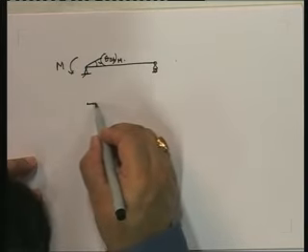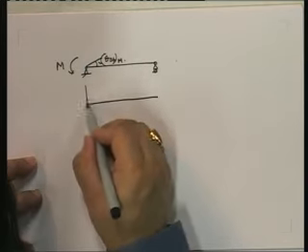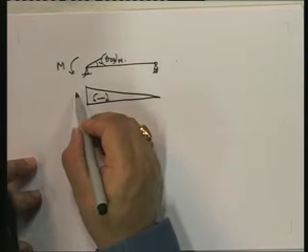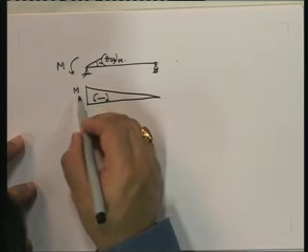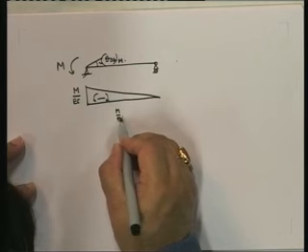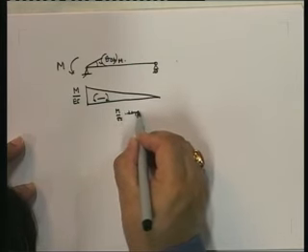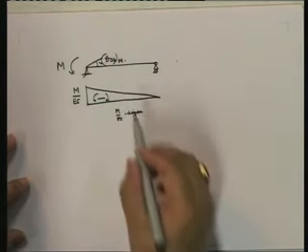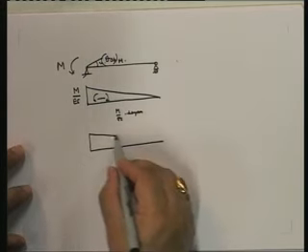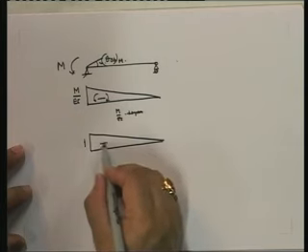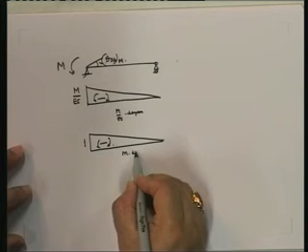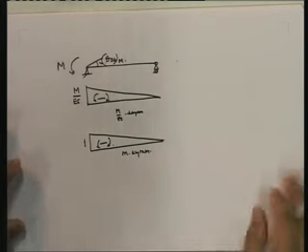Due to this moment, what is the moment diagram? The moment diagram looks like this, and this is equal to M, and since EI is a constant, I'm drawing the M by EI diagram. So I want to find out this theta AB. Again, without much ado, I apply a unit moment here, and this is going to be the small m diagram.